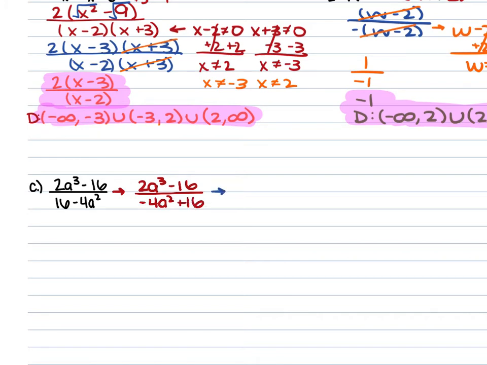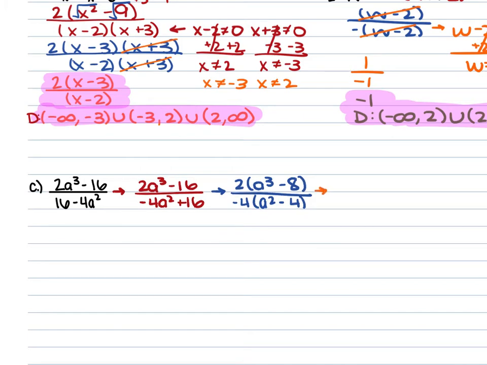I'm going to factor the top and the bottom here. We're going to factor out the greatest common factor from both of them first. So this is going to give us 2 times a cubed minus 8 over negative 4 times a squared minus 4. I have a difference of cubes on the top. We have a difference of squares on the bottom.